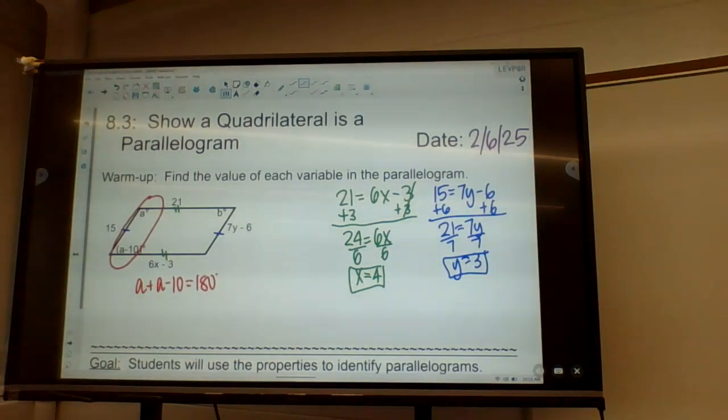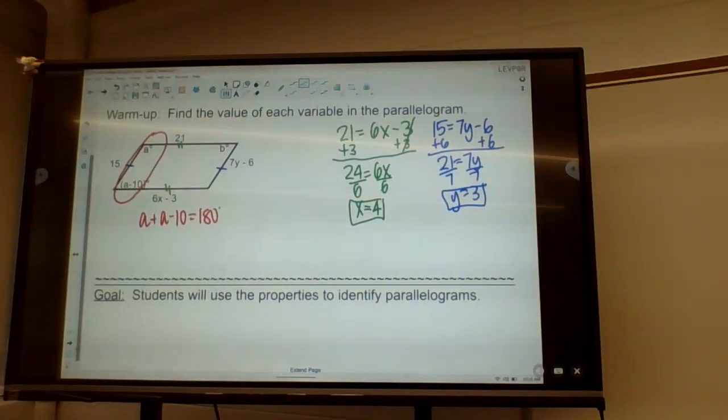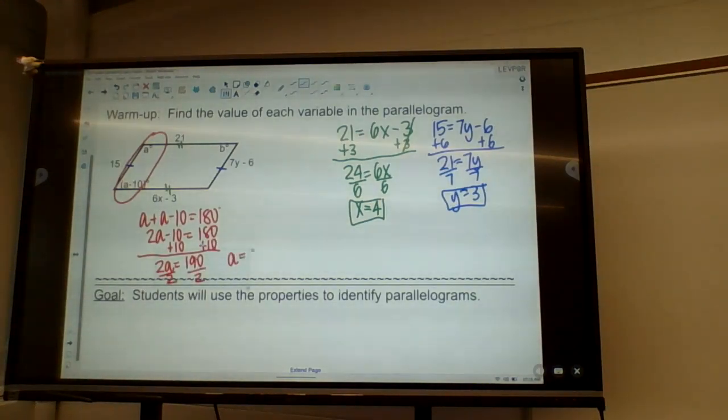So they're considered supplementary, so those two together add to 180. So remove the 10 over. So 2A equals 190, so I divide, and I find out that A is 95.